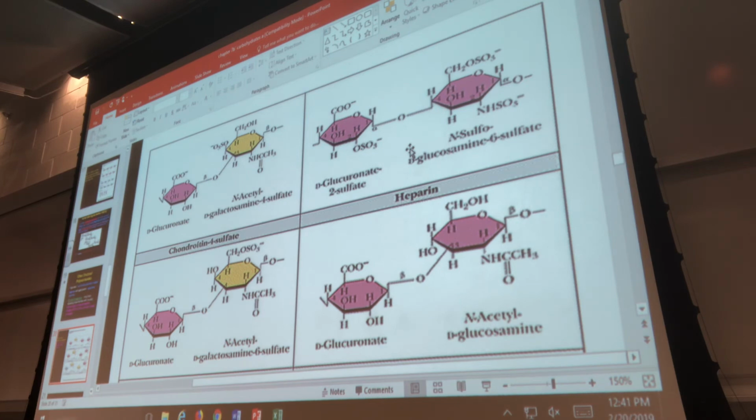So that's the first thing to look for. The next thing are these weird looking functional groups here. You see an amino group here, and you see negatively charged functional groups on there. If you have both of those properties, where you see some type of amino group somewhere on there, who cares where, and negatively charged functional groups somewhere on there, who cares where, and that it is a repeating disaccharide, those are the 3 properties you need to identify this as a glycosaminoglycan.